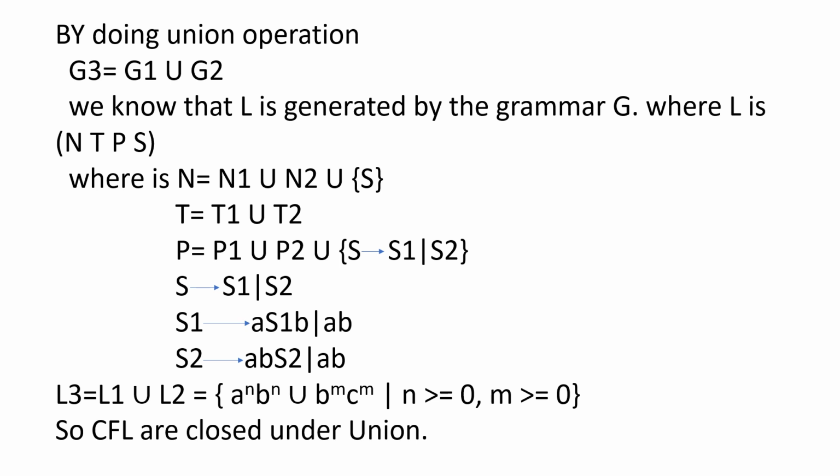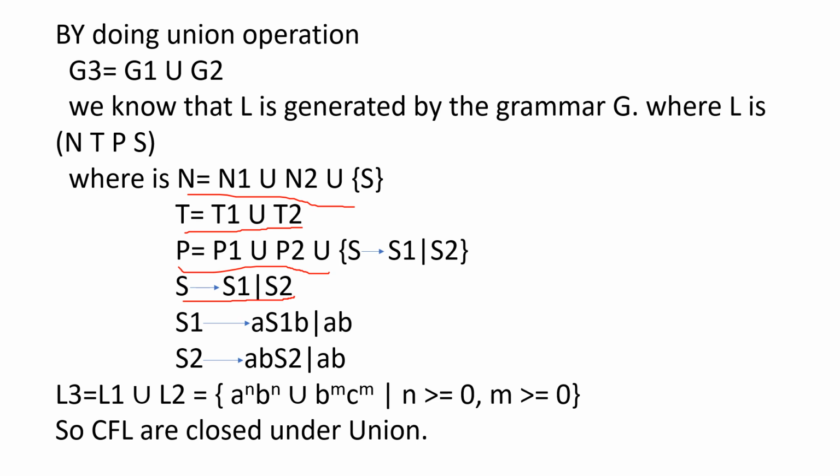We know that a language L is generated by a grammar G, where G is (N, T, P, S), where N is equal to N1 union N2 union {S}, where S is the starting symbol, and T is equal to T1 union T2, and the productions P is equal to P1 union P2 union the starting production. The starting production S derives S1 or S2.